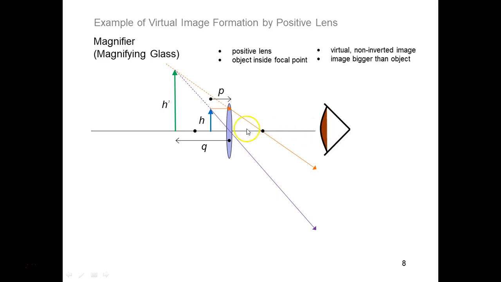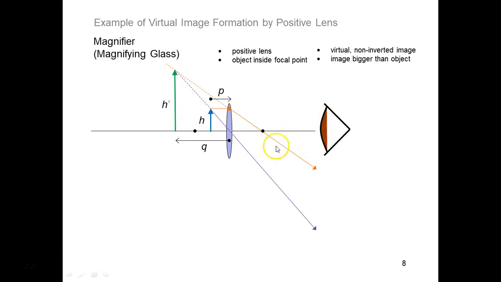It doesn't look like it's going to catch any of the rays that would come through that lens. So I really should move this eye closer to the lens, but the point is that your eye has to catch some of these diverging rays, and then you will see the image, this virtual image, as if it were located here.